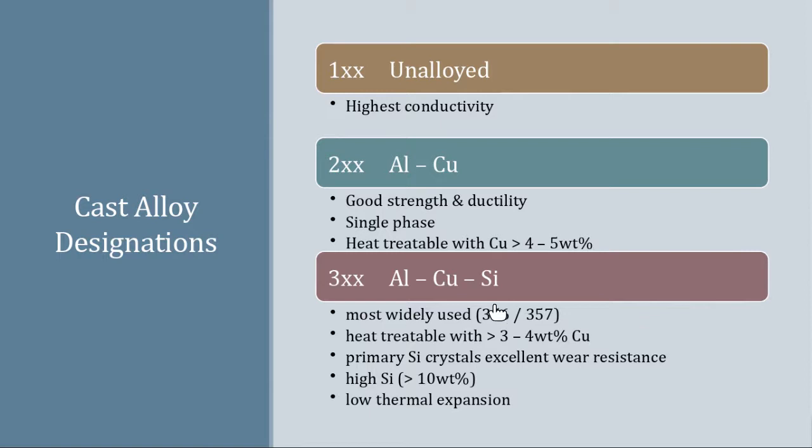The most widely used you're looking at are 356, 357, 380, 383. Those are typical widely used aluminum alloy casting designations. This material does have a low coefficient of thermal expansion.